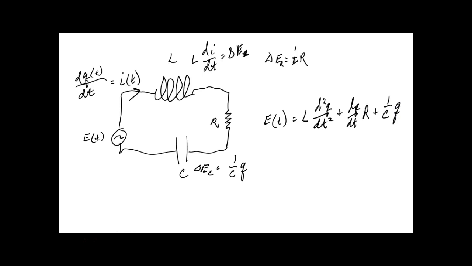What can you tell me about this one? It's an ordinary, linear, certainly it is, and second order, because it's in the second derivative of Q. And there's your differential equation.